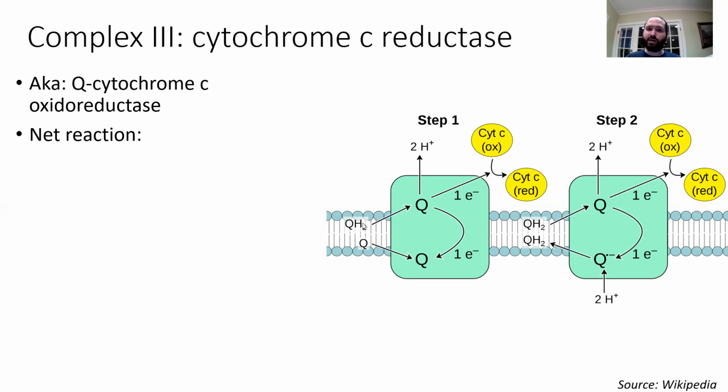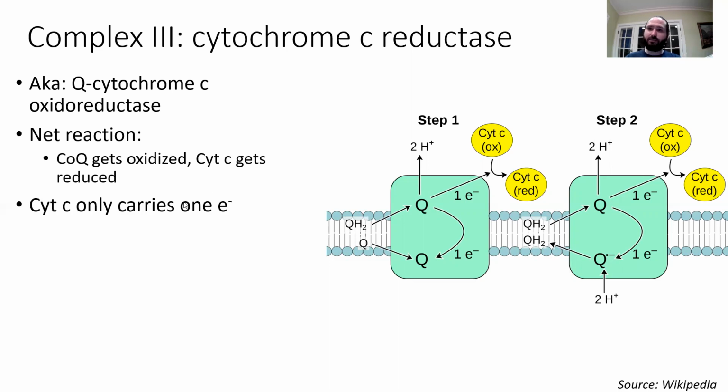The net reaction of this is we have an input of a coenzyme Q getting oxidized and cytochrome C getting reduced. Cytochrome C, unlike coenzyme Q, only carries 1 electron. So for every coenzyme Q that comes into complex 3, we have to reduce 2 cytochrome Cs to take over to complex 4.